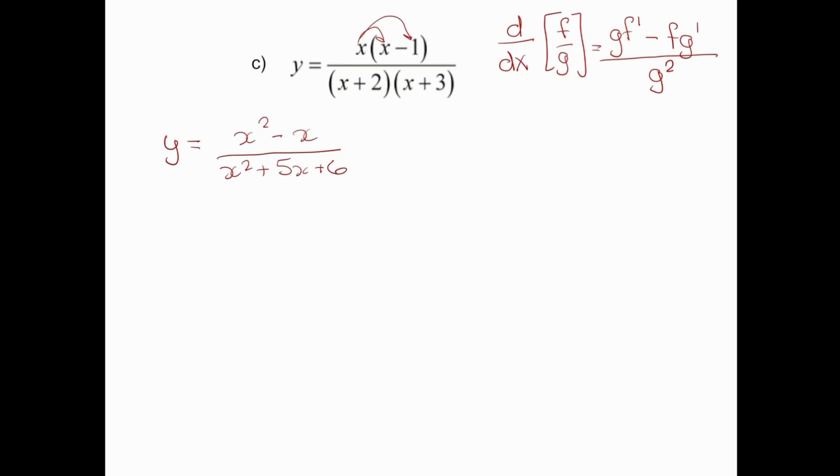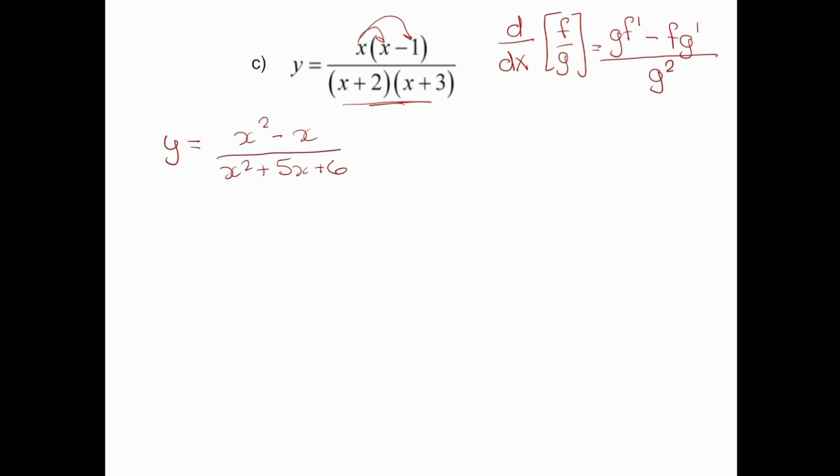Now remember, this is just an in-between step. I'm only doing this so that I can get my g prime, my first derivative of my bottom polynomial. But when I go to use my quotient rule, I actually am going to put them back into this factored form.